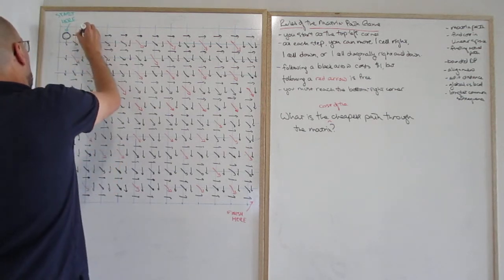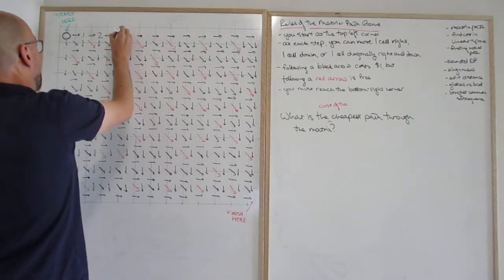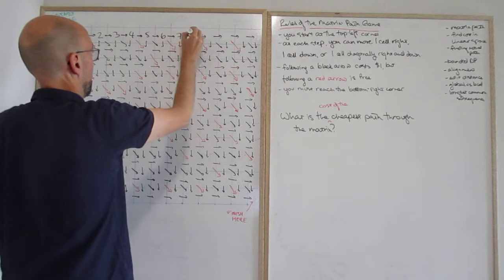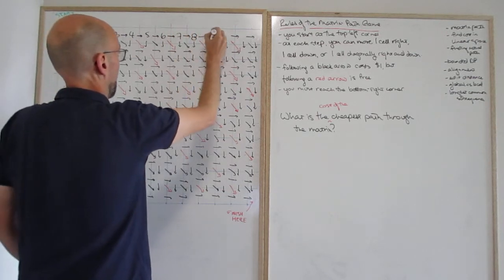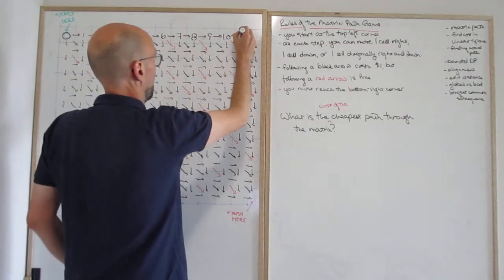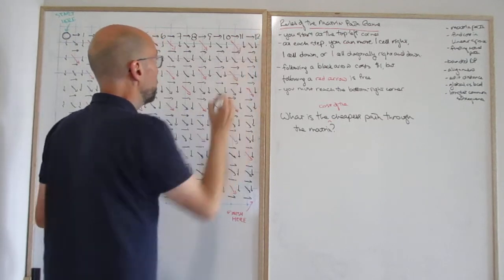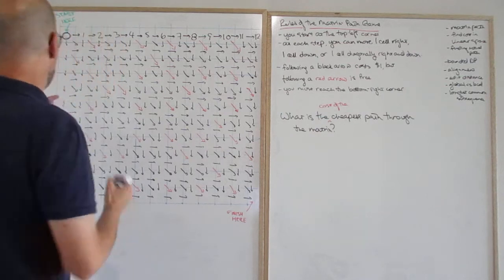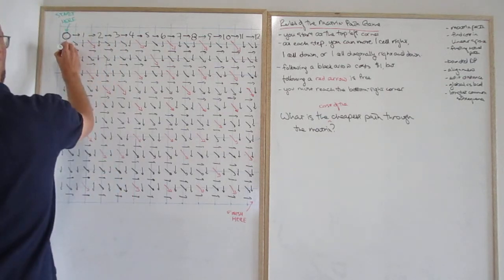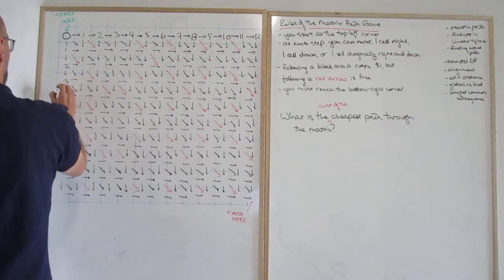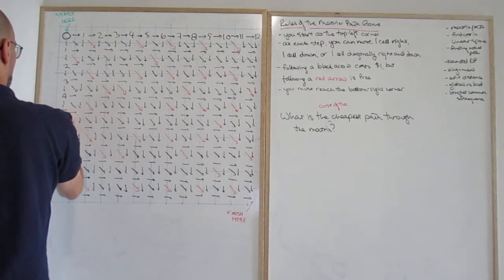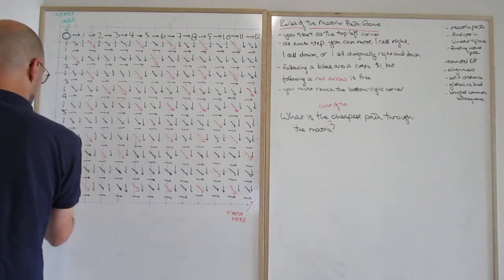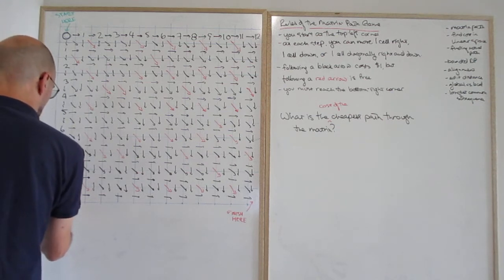So the cost here is 1, 2, 3, 4, 5, 6, 7, 8, 9, 10, 11, 12. So you know the minimum cost of getting to any of those squares. Same thing down here, minimum cost is 1, 2, 3, 4, 5, 6, 7, 8, 9, 10.